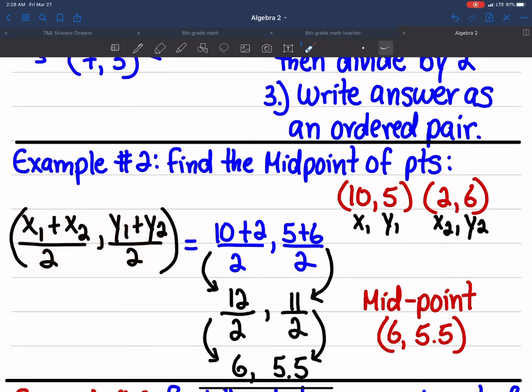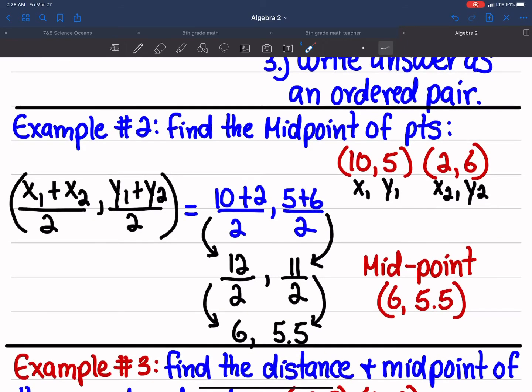All right, so this is easy stuff, people. Let's see, x1 plus x2 is 10 plus 2. And y1 plus y2 is 5 plus 6. I'm going to add the numerators, put them over 2. And then I will just go ahead and simplify.